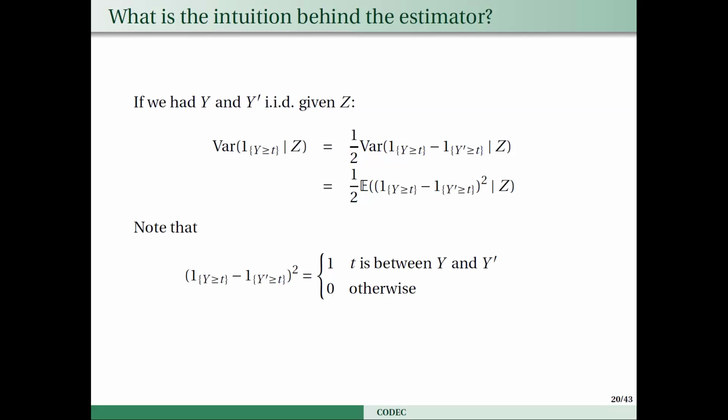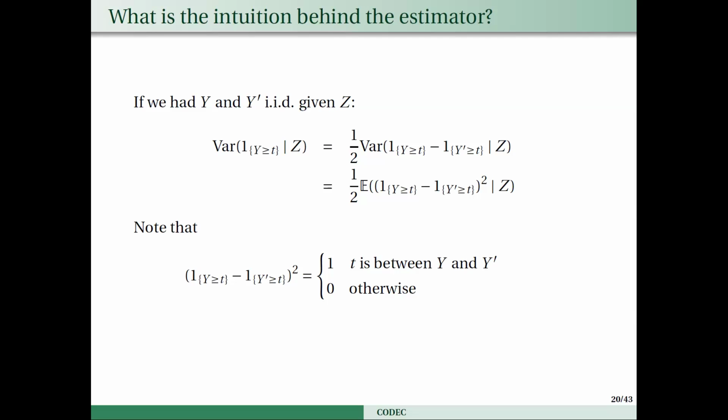But let's say that we are lucky and we are able to generate Y and Y prime i.i.d. given Z. If I could do that, then with a little bit of playing, I could write this conditional variance as half of the conditional expectation of the squared difference between the level sets of Y and Y prime. This is just because Y and Y prime are i.i.d. conditionally. Note that this quantity is either 0 or 1.